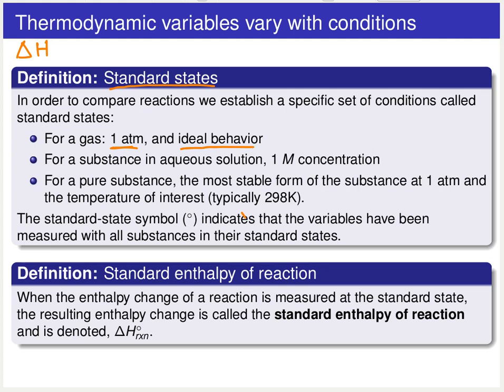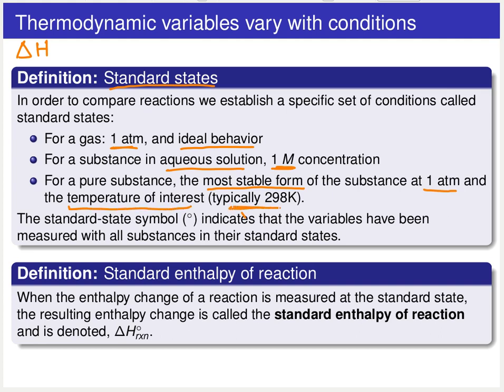For a substance in aqueous solution, we're going to assume a 1 molar concentration for standard state. And for pure substances, we're going to look at the most stable form of that substance at 1 atmosphere of pressure and the temperature of interest.